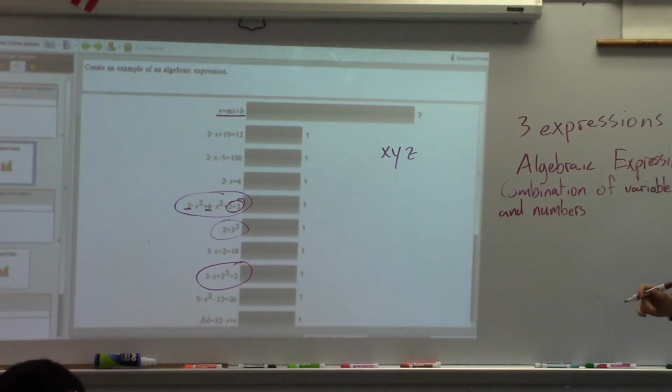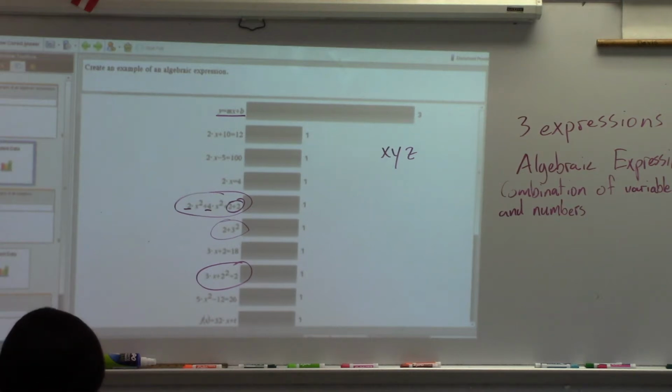Is that all it is? That's all we talked about for what an expression is? How are we combining them? With the use of operations. Right?